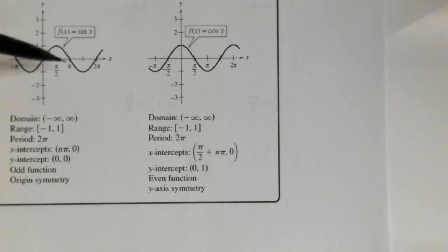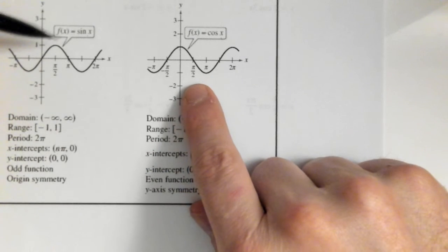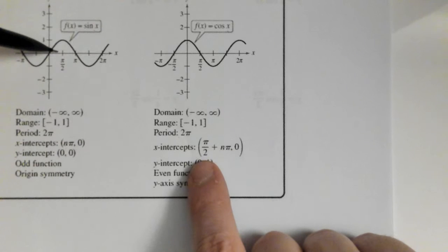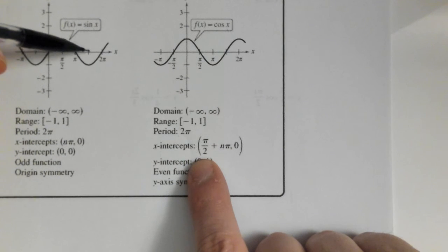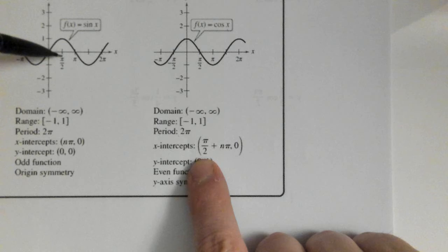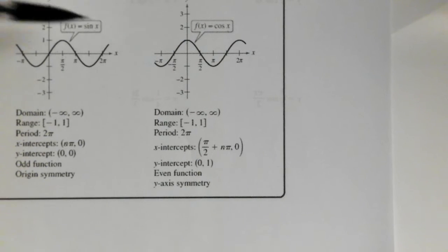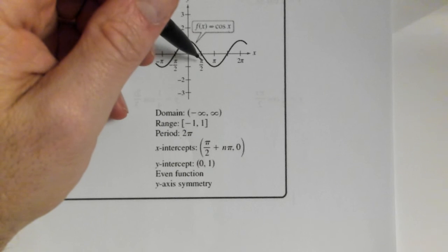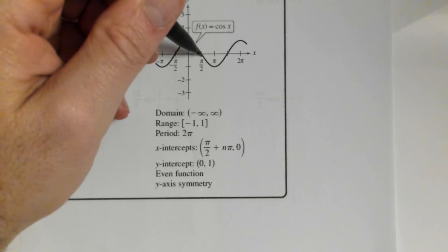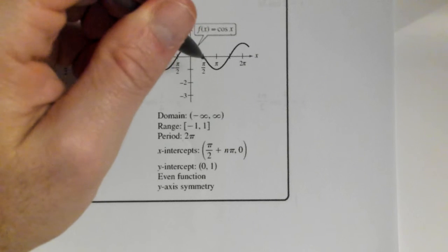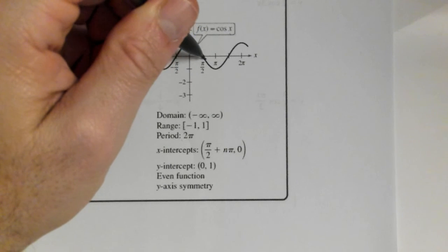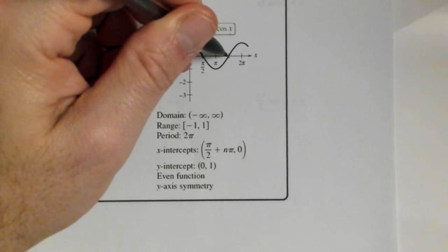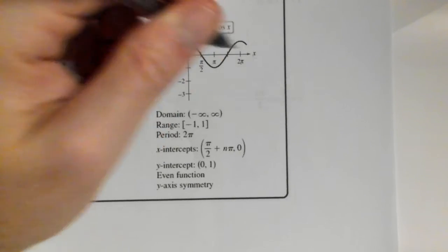If you take a look at where the x-intercepts are in the cosine function as opposed to the sine function, you can get them by adding pi over 2 to a previous one from the sine function. So instead of hitting at 0, pi, 2 pi, it hits at pi over 2, then 2 pi over 2, which is pi, 3 pi over 2, 4 pi over 2, 5 pi over 2, it would hit again.